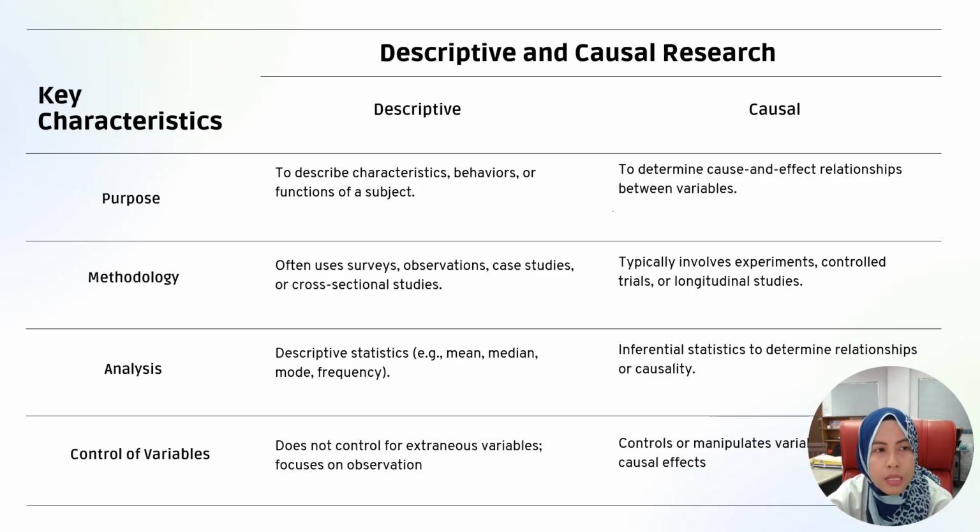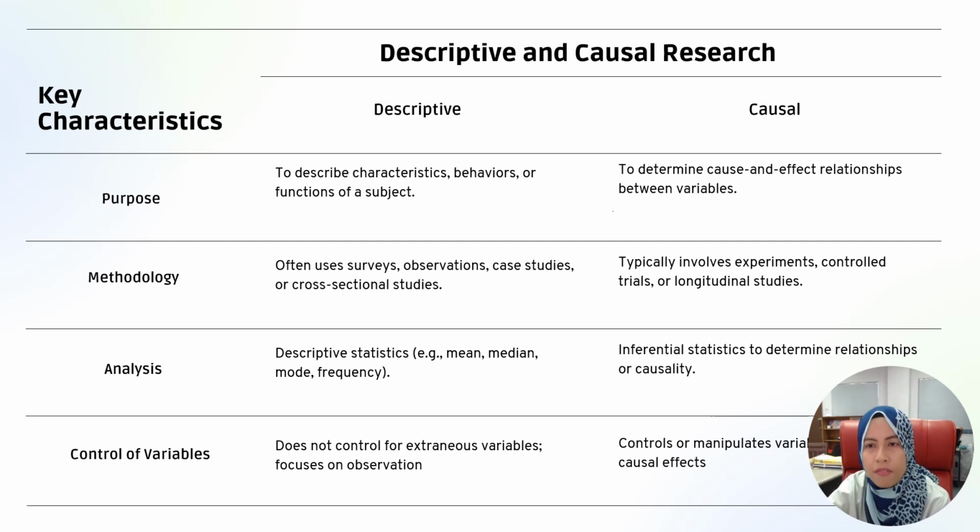All right, these are the key characteristics. I put it in a table to describe the difference between causal and descriptive research. Descriptive research describes the behavior, the function of certain things, the characteristics, but causal research wants to determine the relationship between variables.